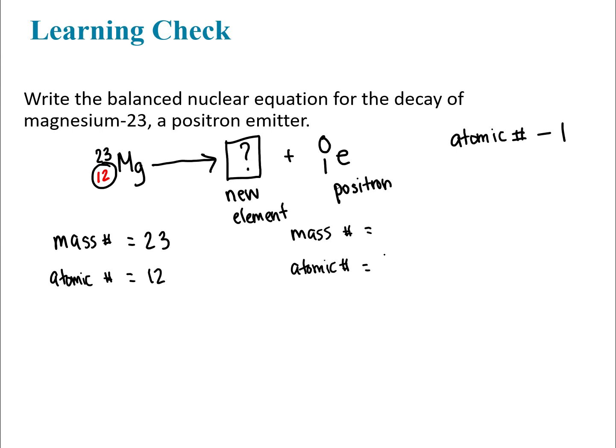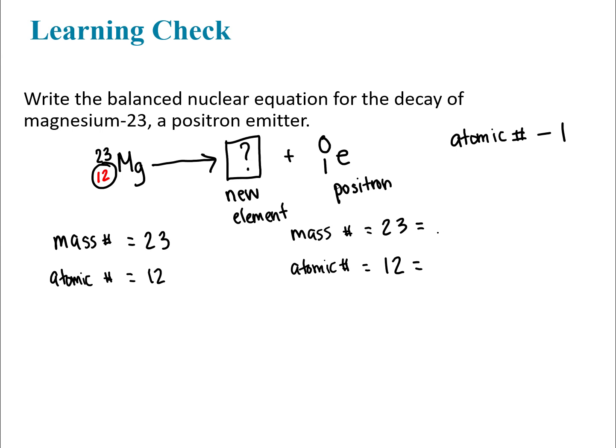We know that the mass number and atomic number have to be the same on the reactant side and the product side. So whatever new element and particle we have on the product side, when we add everything up, it's got to equal 23 for the mass number and 12 for the atomic number.